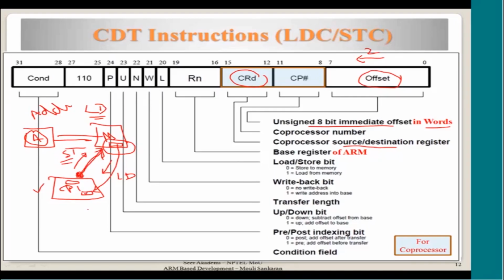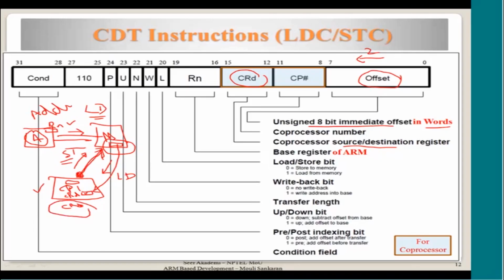So you need a register which will be mentioned, that is called CRd. Similarly, for generating the address, you need a base register, that is called Rn here. Got it? So Rn is a register used for address generation, and CRd is a destination or source register used for the data values in the coprocessor.